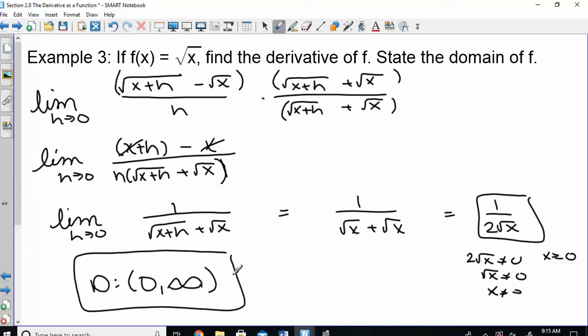Everything bigger than 0, not including the 0. So far, so good?